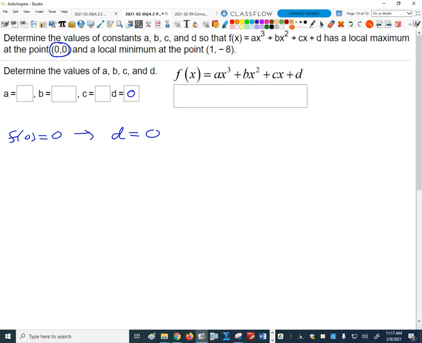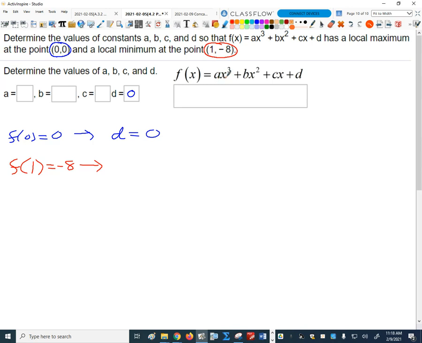Okay, what's another one? Well, I got another point, right? It tells me that the function goes through this point right here also, right? So that's telling me that f of 1 equals -8. So if I'm plugging in 1 for all my x's, what am I going to get?